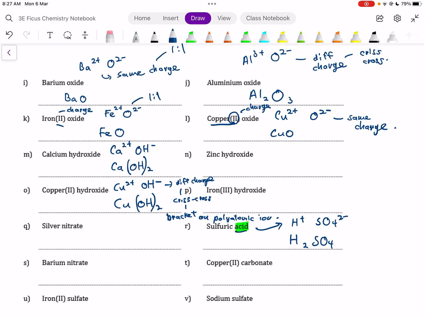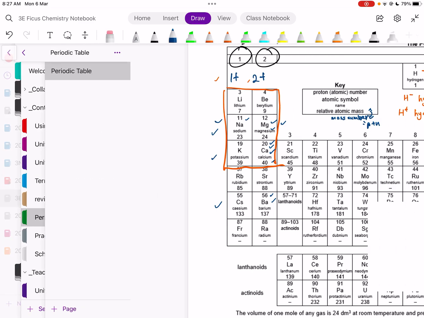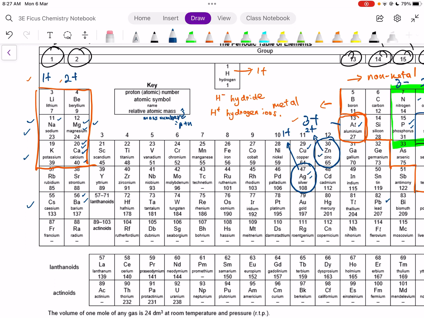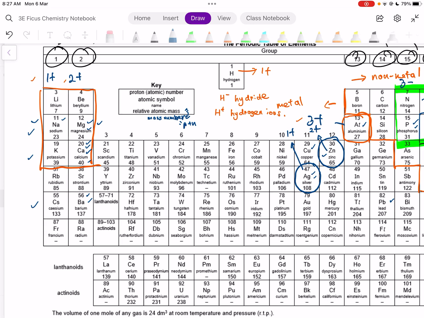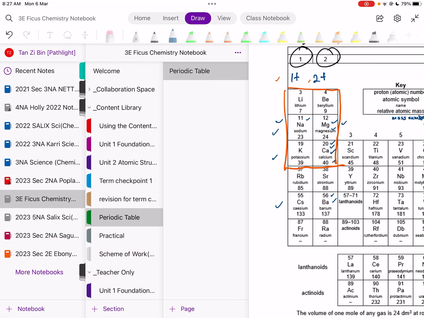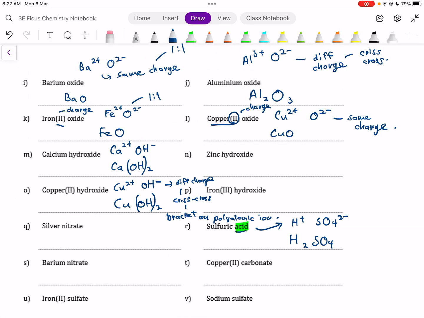Then I also have zinc hydroxide. Zinc is a very unique one over here. It's 2+ always, but it's not in group 2, right? So this one is Zn2+, OH-, so Zn bracket OH2.